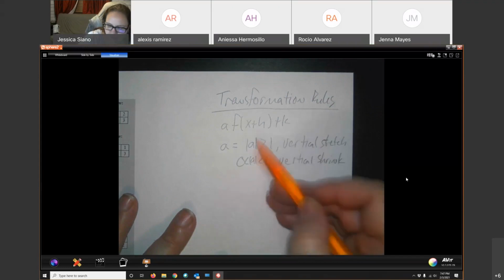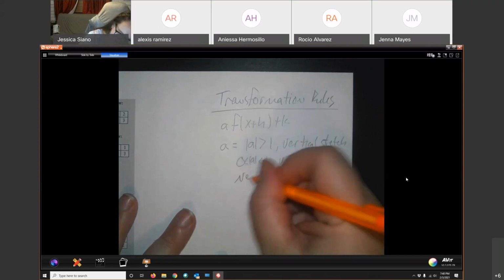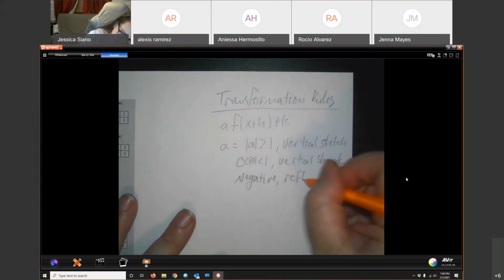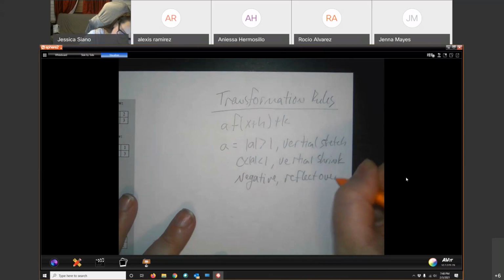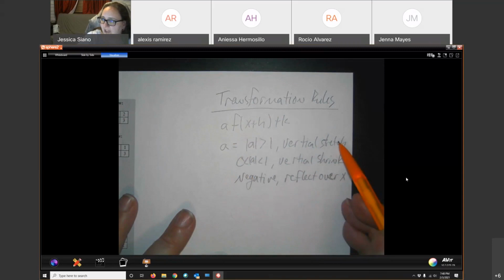And I put absolute value signs here because if A is negative, we reflect over x. So for example, if A was -2, I would both reflect over the x-axis and stretch by a factor of 2.